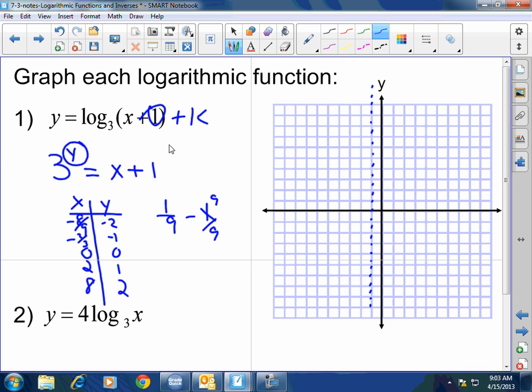So at x = -1, I cannot use that value because that's my asymptote. Okay? Oh, yeah, I cannot use -2 either, actually.